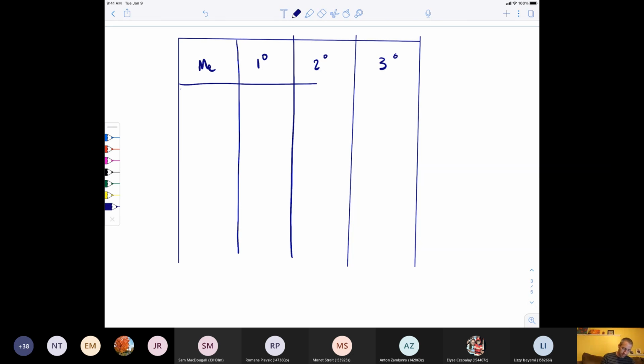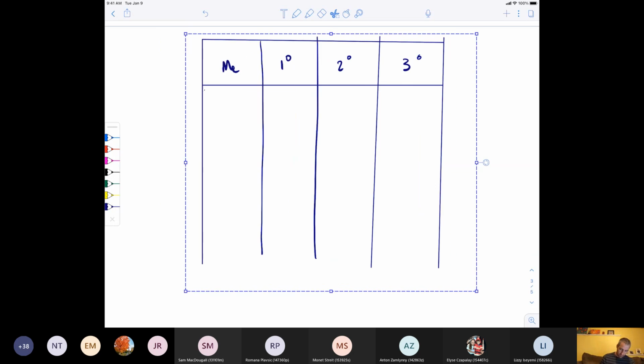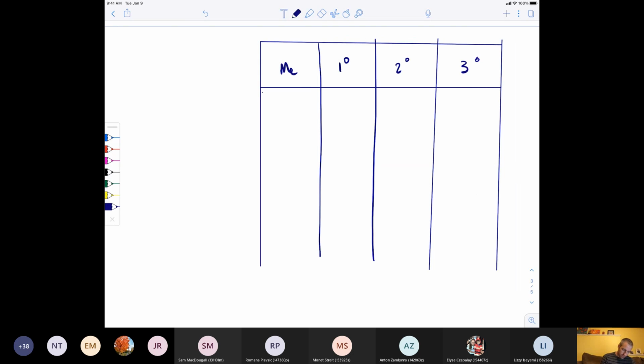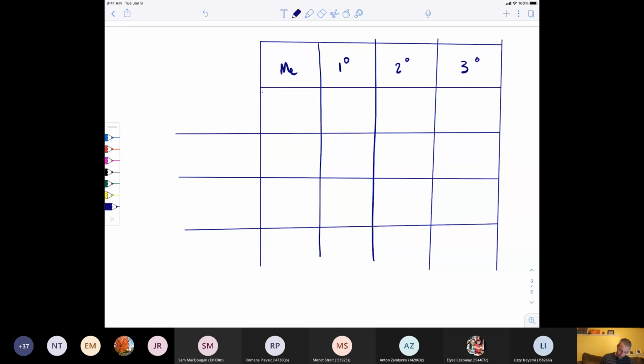I wonder if I cut this whole thing and move it over here, it'll give me some more space. We're going to have conditions that look like 1, 2, 3, 4. So these are the conditions that are possible.